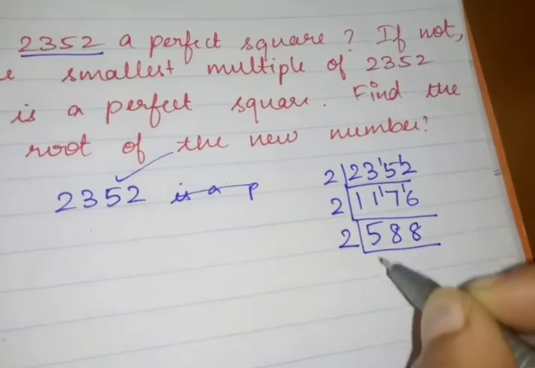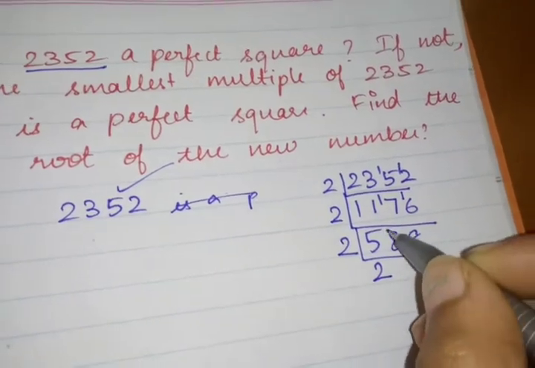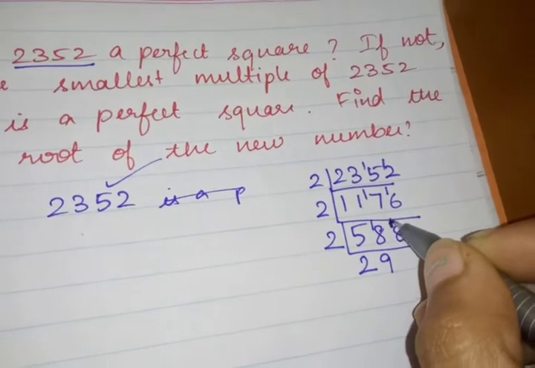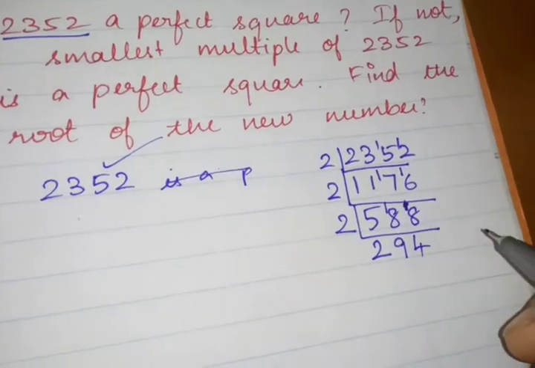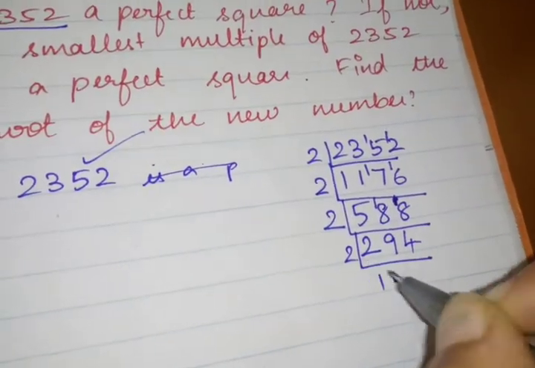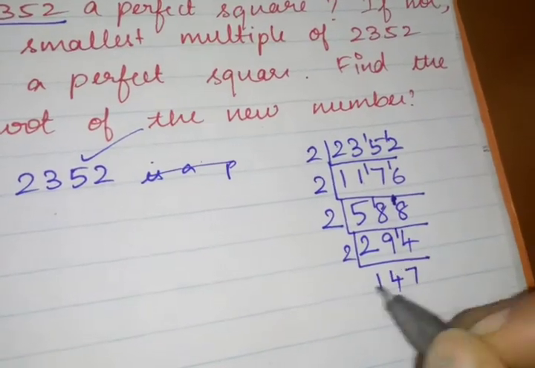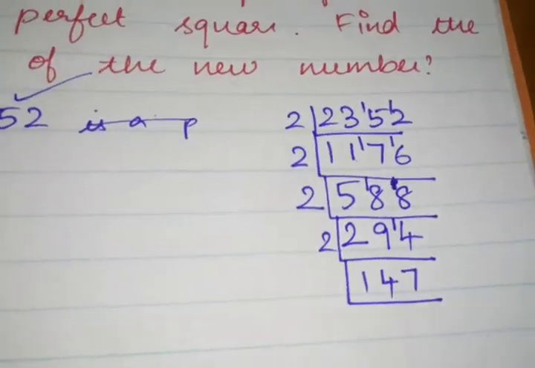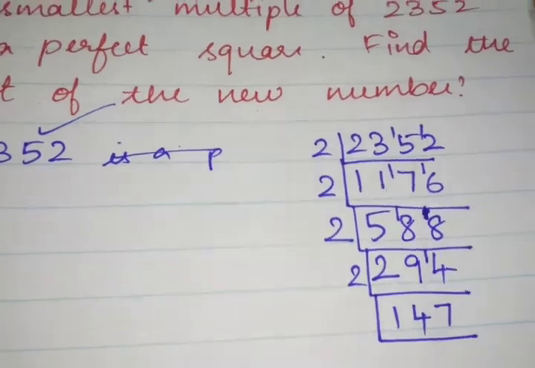Then again in the 2 table, 2 2s are 4, remainder 1, 9 2s are 18, 4 2s are 8. Next in the 2 table, 2 1s are 2, 4 2s are 8, remainder 1, 7 2s are 14. Then 147.